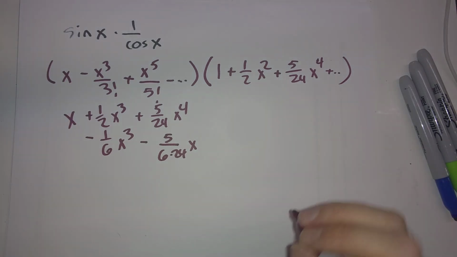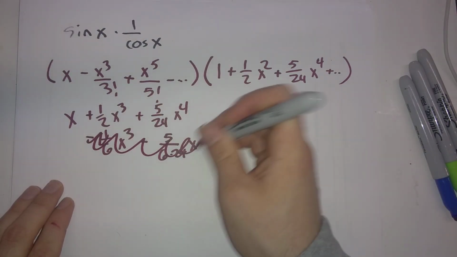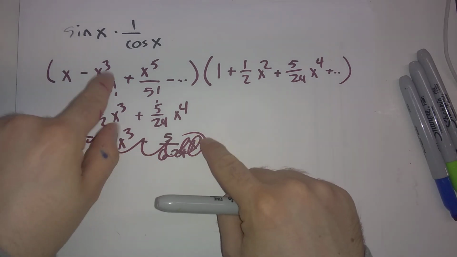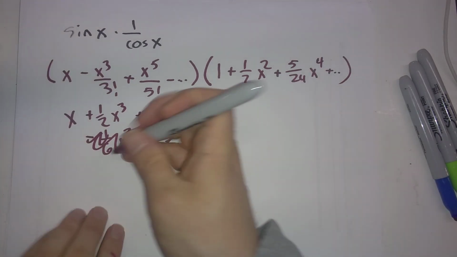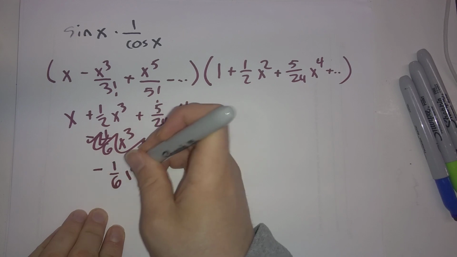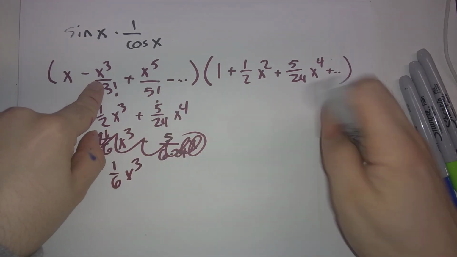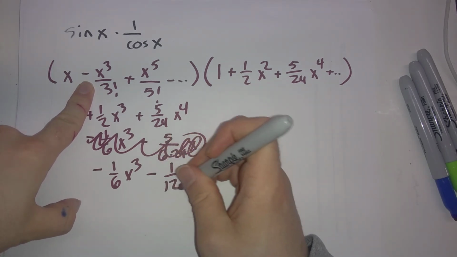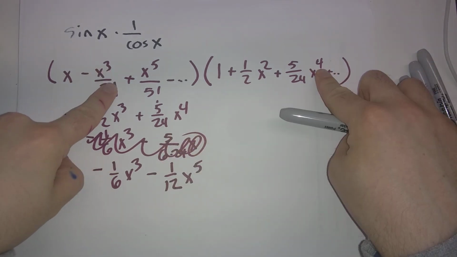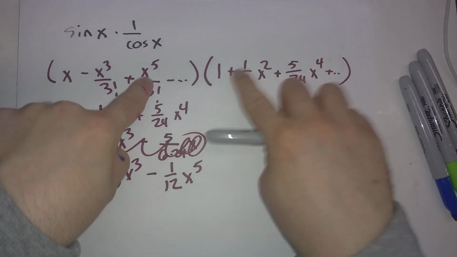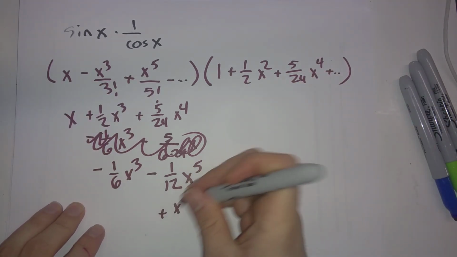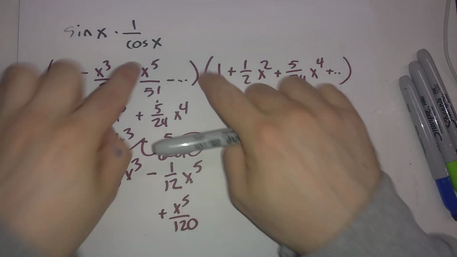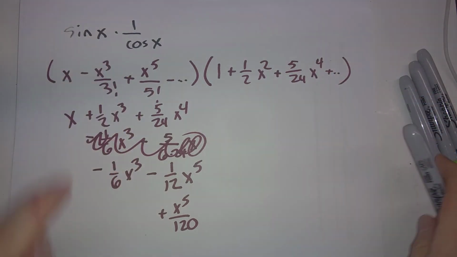I'm getting thrown off here. I should be multiplying this times this, so that is minus 1/6 x cubed. Now I multiply this times this, and I have minus 1/12 x to the fifth. This one, the power is too high. And then I have plus x to the fifth divided by 120 from multiplying here. The degree is too high.